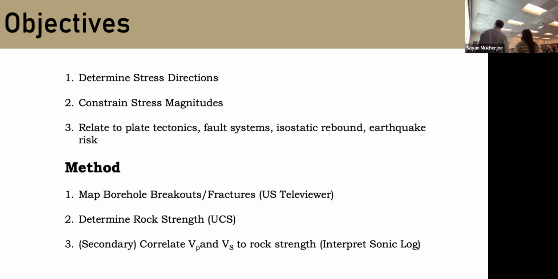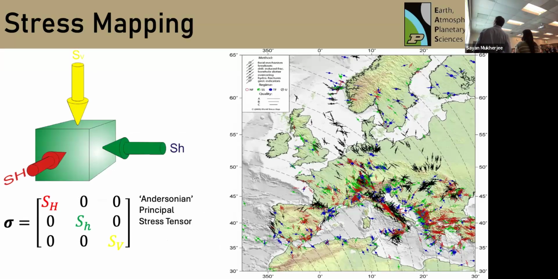So in a moment, I'm going to talk about the first step to our method of investigating those stresses. But first, I want to remind everybody that we can model these stresses as a principal stress tensor with a vertical stress and two horizontal stresses.